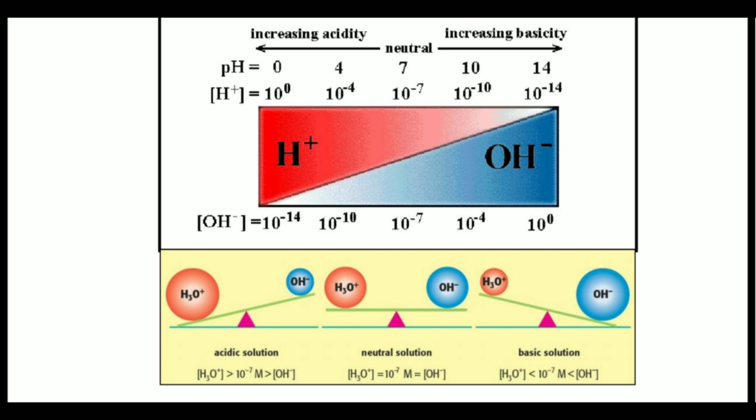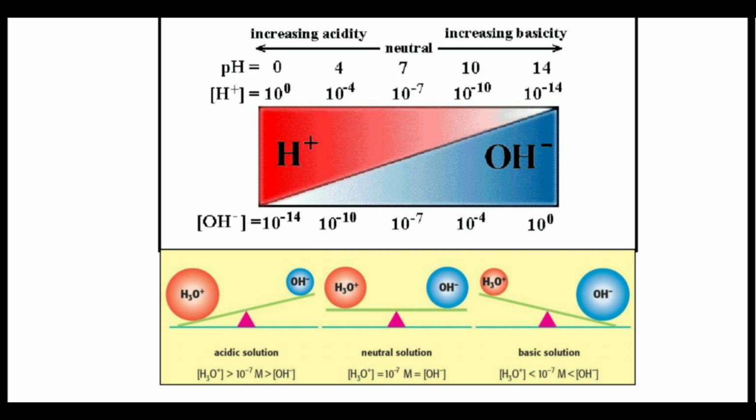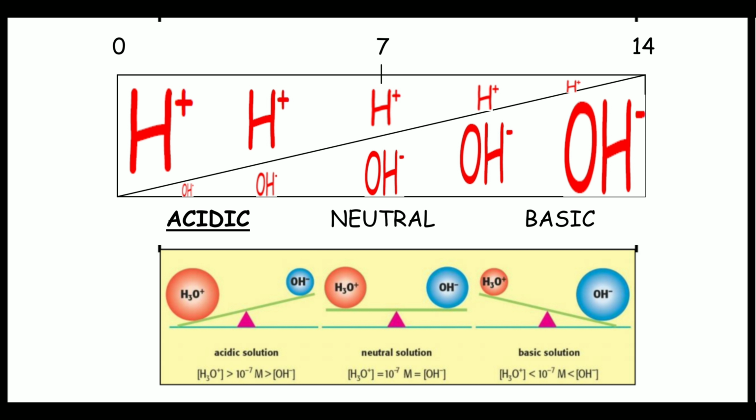If we draw the pH scale into a rectangle and create a diagonal, we can see that at a low pH, we have a large amount of hydrogen and a very small amount of hydroxide. But at the middle pH of 7, you'll have even hydrogen in red and hydroxide in blue. And as pH increases, the amount of hydrogen actually decreases while the amount of hydroxide increases.